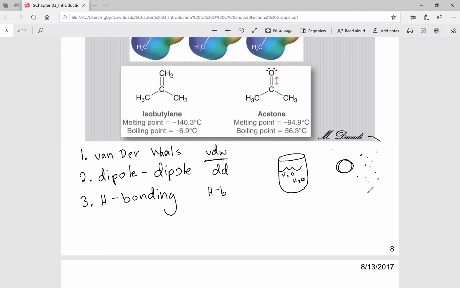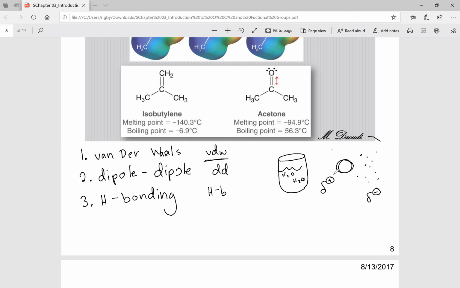That side of the molecule is partially negative, and the other side is partially positive. But this only happens for one moment, in one millisecond, for van der Waals forces. Still, every now and again, those partial positive and partial negative charges in the electron cloud make those molecules attracted to each other.